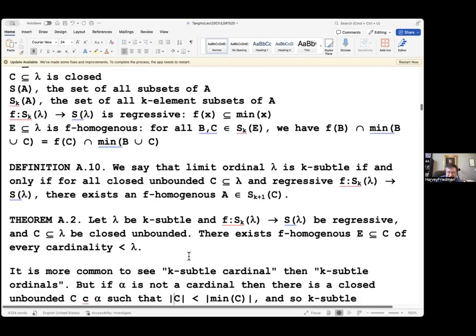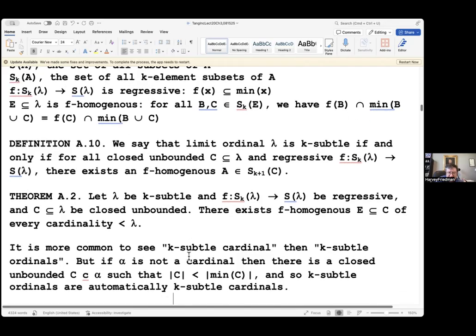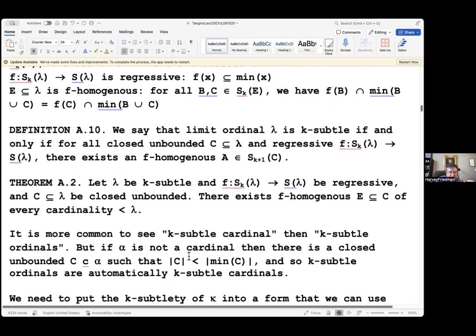That turns out to be the right definition, or Baumgartner's definition, if I remember right.